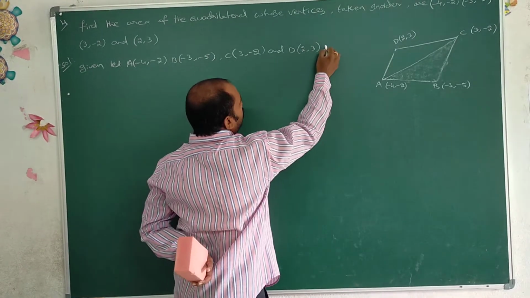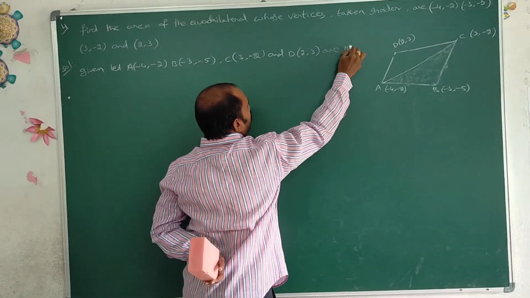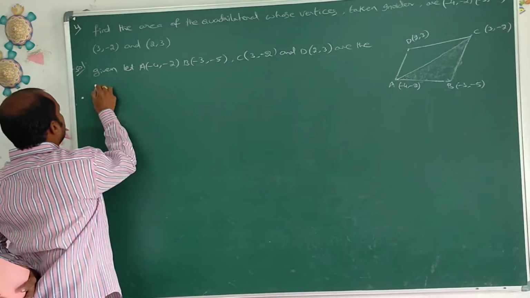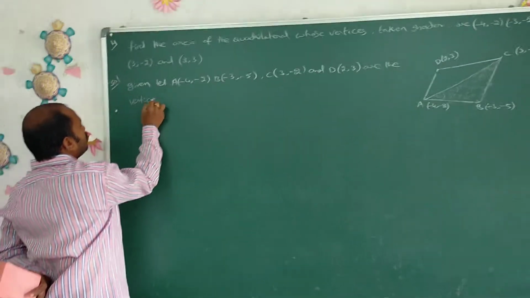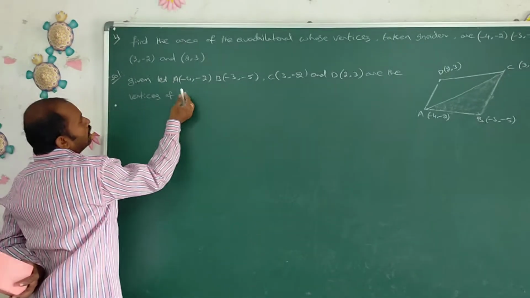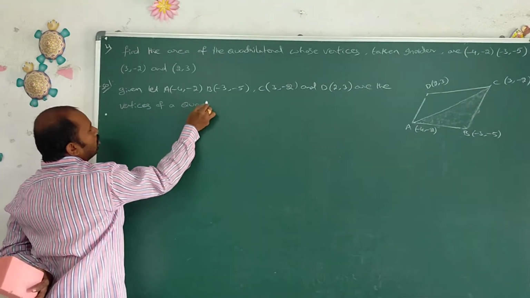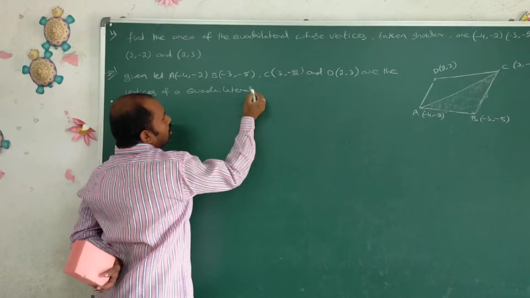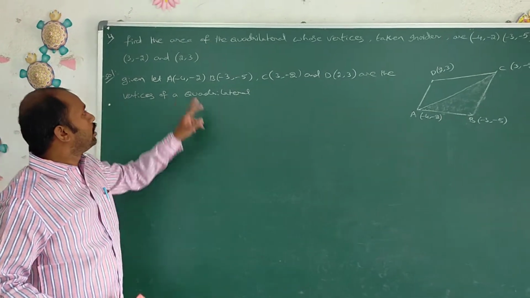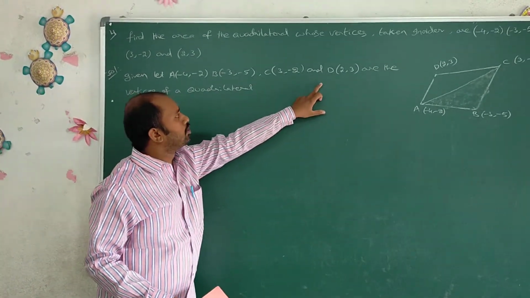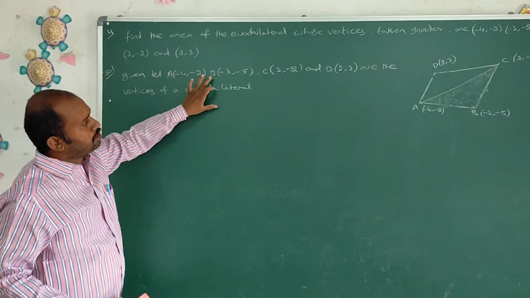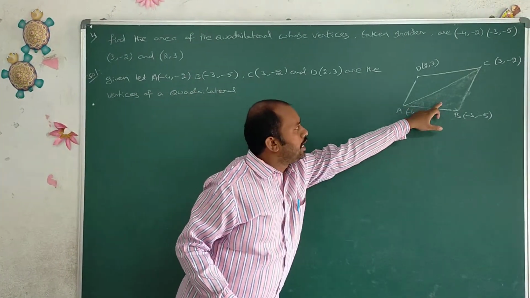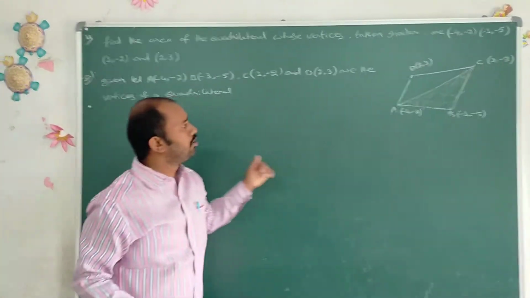These are the vertices of the quadrilateral. These are the given four vertices. Now first take the ABC triangle area, next the ACD triangle area.